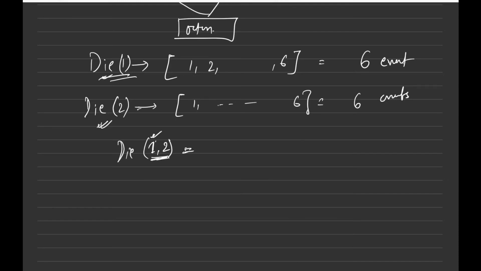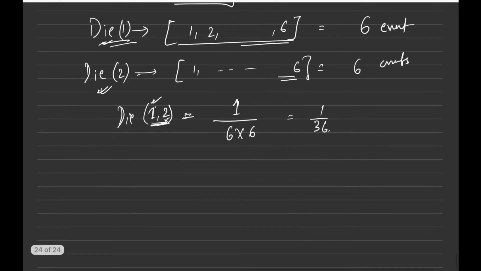That means in the first experiment I get 1, in the second experiment I get 2. So there is only one possible favorable outcome, and the total outcomes, 6 I have here, 6 here. As these are two different experiments, it will be 6 into 6. That means 1 divided by 36.